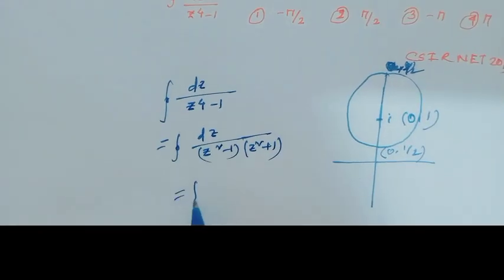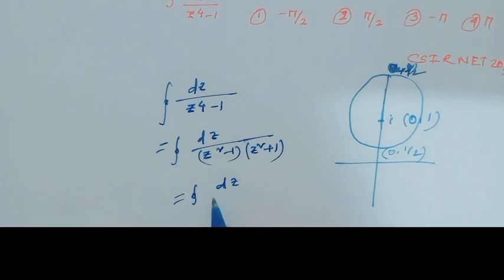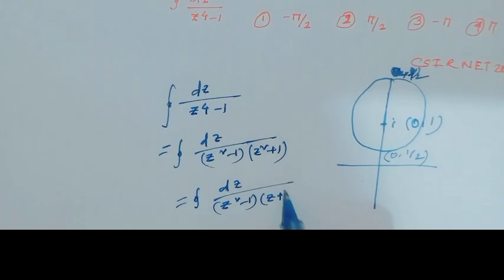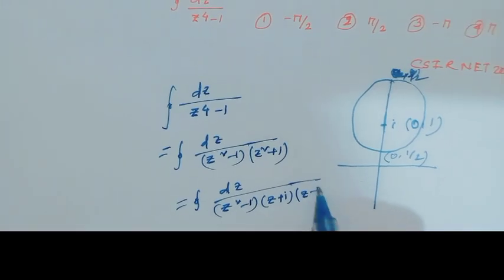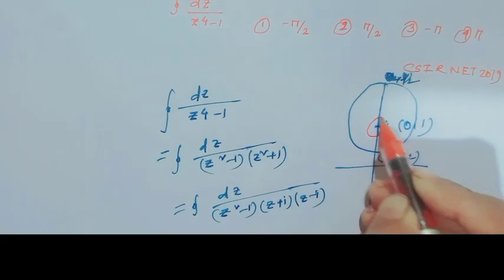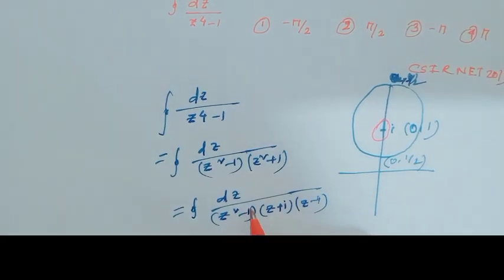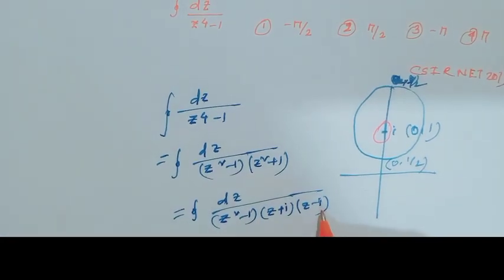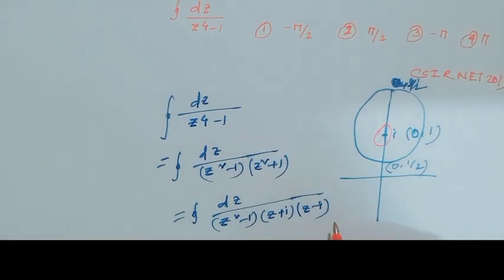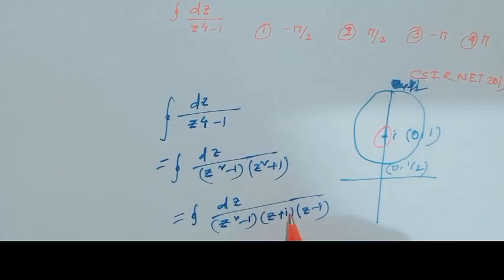And z square plus 1 means the integral of dz over (z square minus 1)(z plus i)(z minus i). Here only the point i is in this contour; plus or minus 1 and minus i are both outside of the circle.